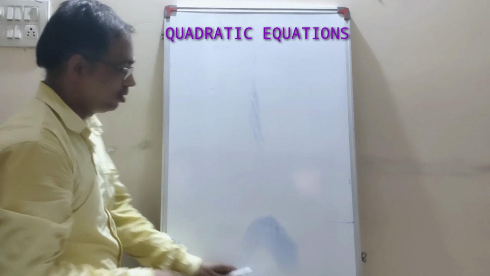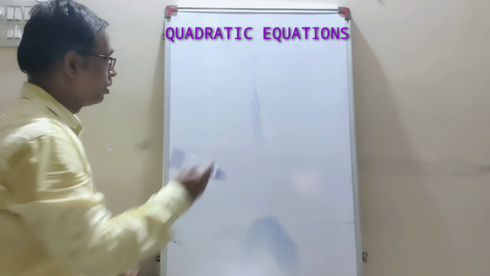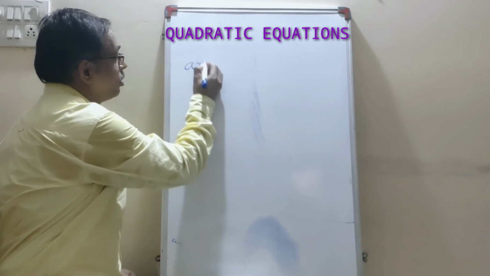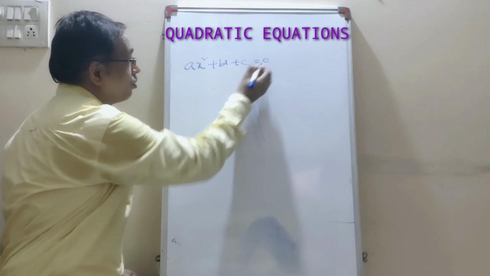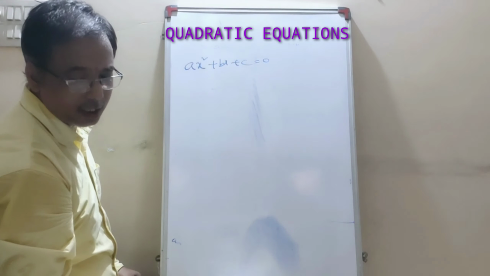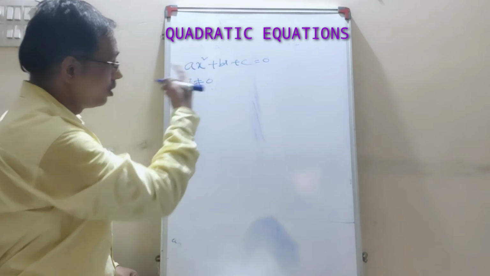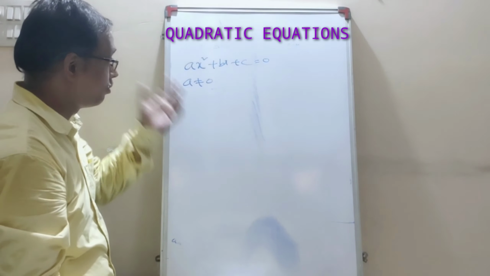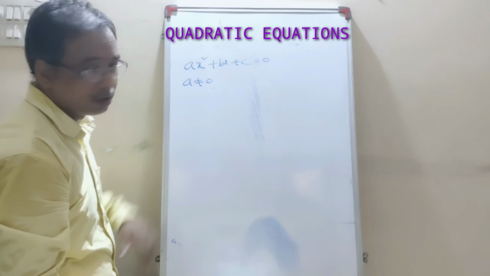Actually, a quadratic equation is based on the quadratic polynomial. We know the quadratic polynomial ax² + bx + c. If it is equal to 0, then we can say it is a quadratic equation. Here particularly a ≠ 0. Then only we can say it is a quadratic polynomial. Why? If a = 0, it becomes a linear equation. So that's why a must not be equal to 0.